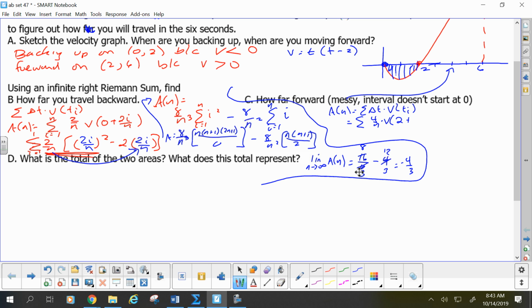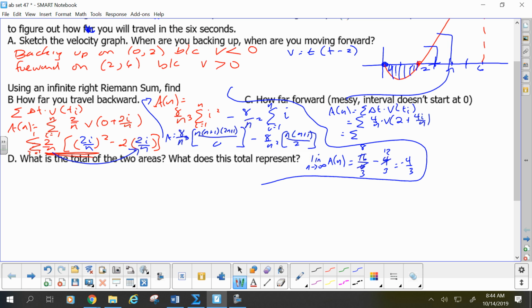Remember, the t at which it goes is the starting value of the region plus how many deltas over. So it's 2 plus 4i over n. Okay, that represents the x's at which you're drawing your right rectangles. Starting at 2, you go 1 delta, or 4 over n over, and then 2 4 over n's over. So this represents starting at 2 and going over so many 4 over n's, and then drawing the height, right?